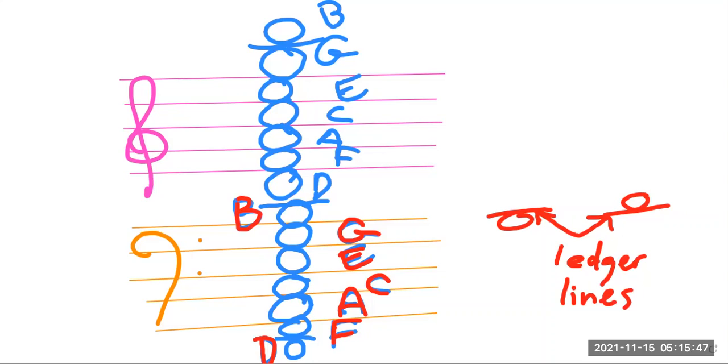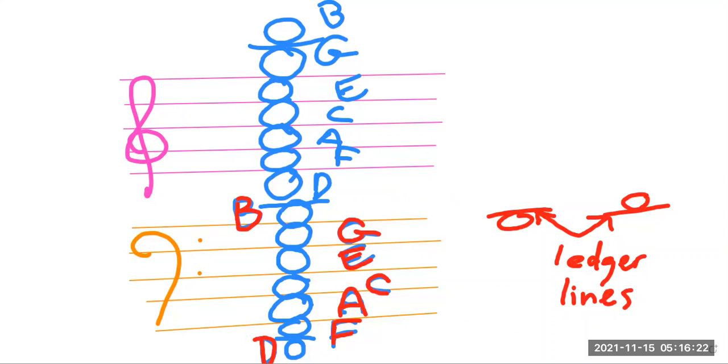It's like middle C. Middle C is not on the regular staff, unless you're on alto clef. In treble clef or bass clef, middle C is not on the staff. So in a nutshell, ledger lines are just like an invisible little line, and it tells you there's a note there.